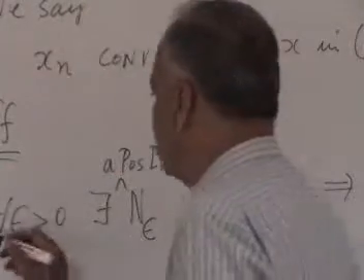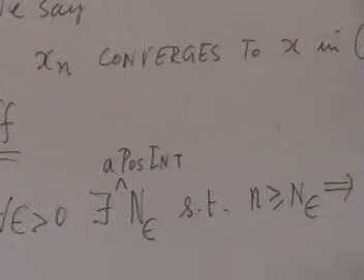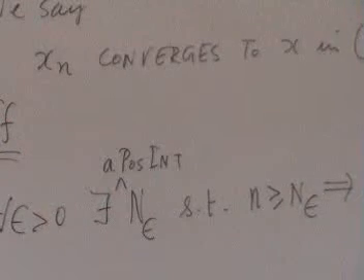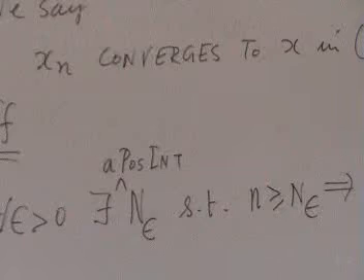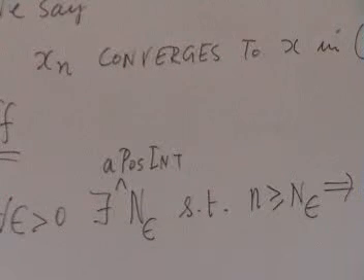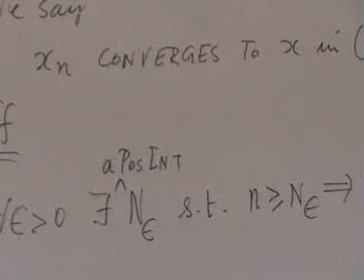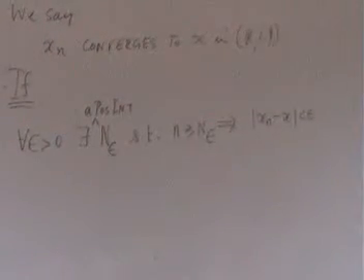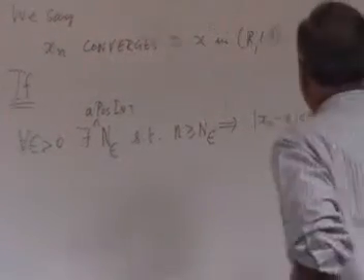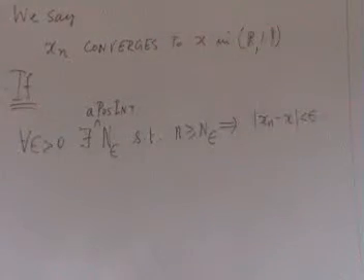If we can do it for every epsilon positive, that is, a corresponding stage beyond which the error between xn and x can be controlled within epsilon. However small epsilon is, you give me the epsilon, I will tell you where you should go and look, how far in the sequence. This is the notion of convergence.